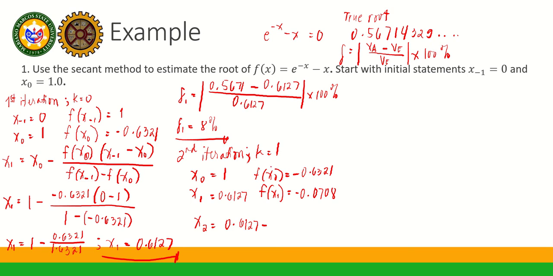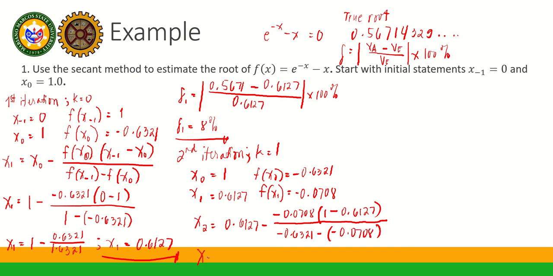So computing for x sub 2, okay, k plus 1, this is equal to, si x sub 1 natin, 0.6127 minus f of x sub 1, negative 0.0708 times, that is 1, ito si x sub 0 natin, minus x sub 1, that is 0.6127, all over f of x sub 0, that is negative 0.6321, minus this one, negative 0.0708.